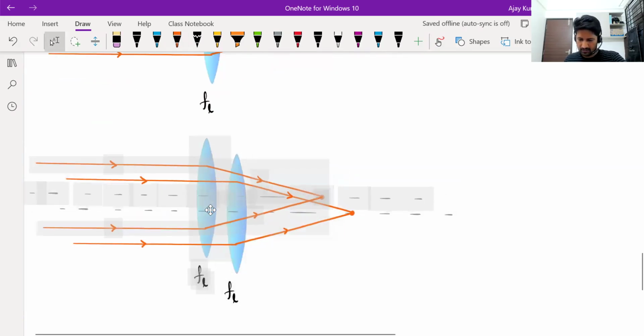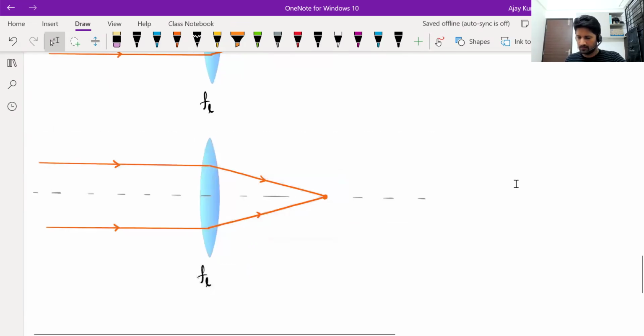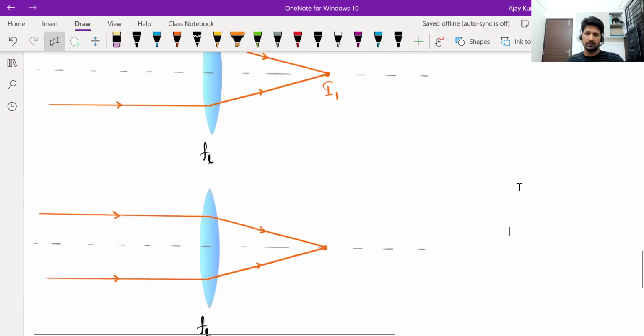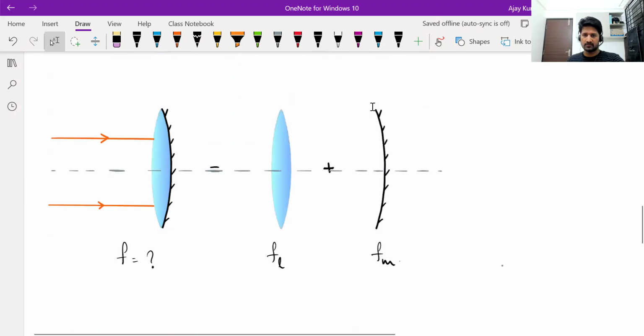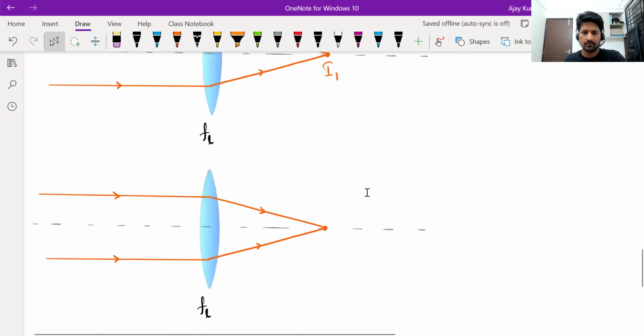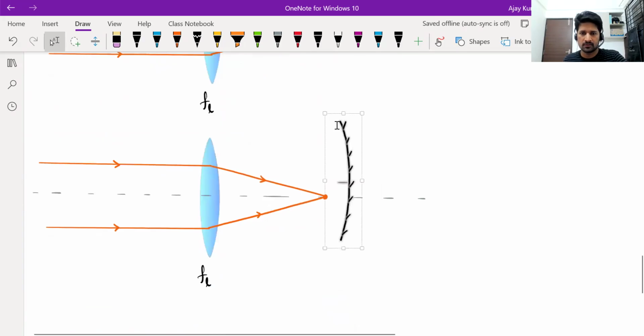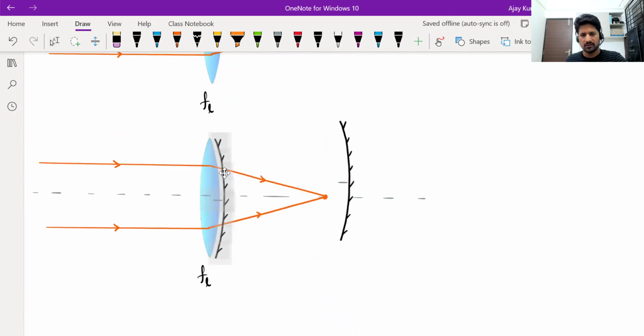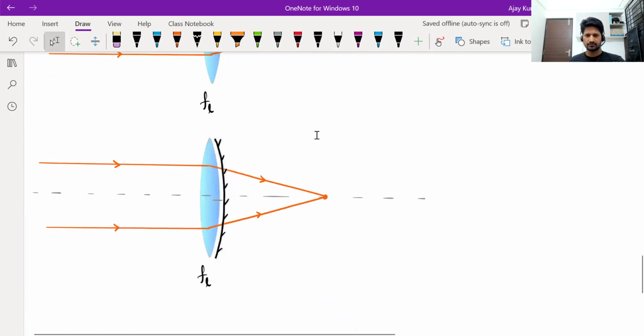So light traveling towards I1 strikes the mirror now. And where is the mirror? It is immediately next to the lens. Like this. Just for visualization purposes, you can assume a small gap between them. That gap is actually 0.